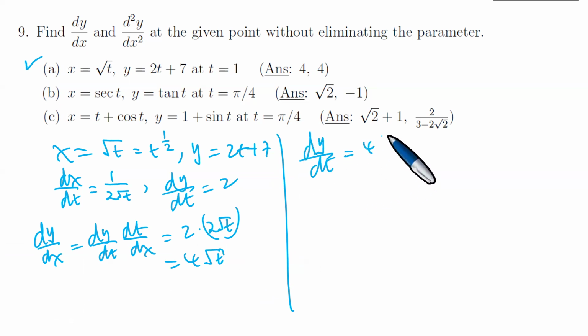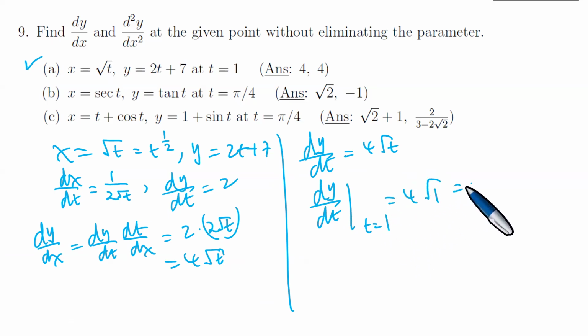So you have 4 square root of t over the square root of t, which is 4. So the derivative is just 4.